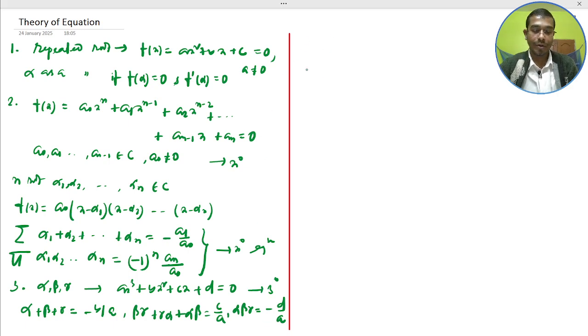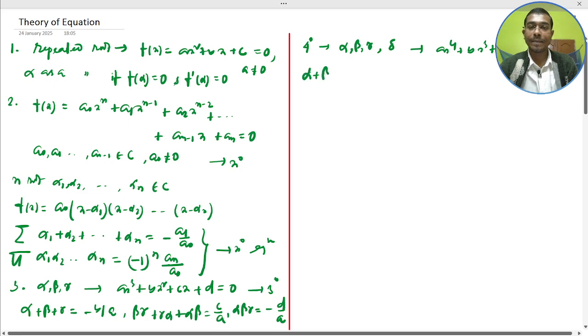Suppose a fourth degree biquadratic equation, 4 degree equation. Alpha, beta, gamma, delta are the roots of the equation ax to the power 4 plus bx cube plus cx square plus dx plus e equal to 0.